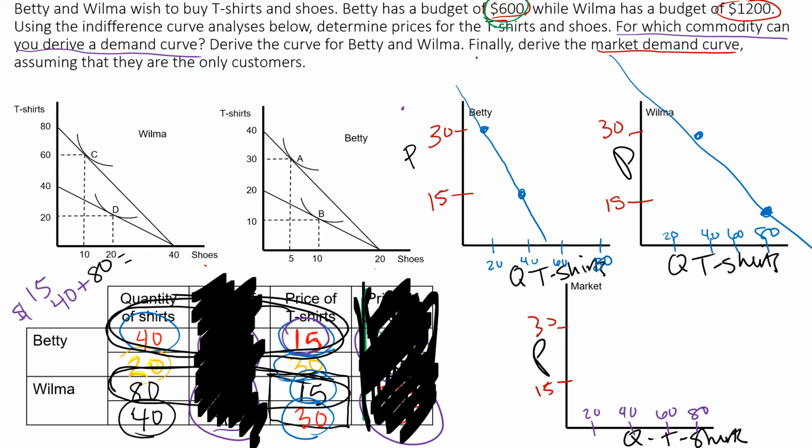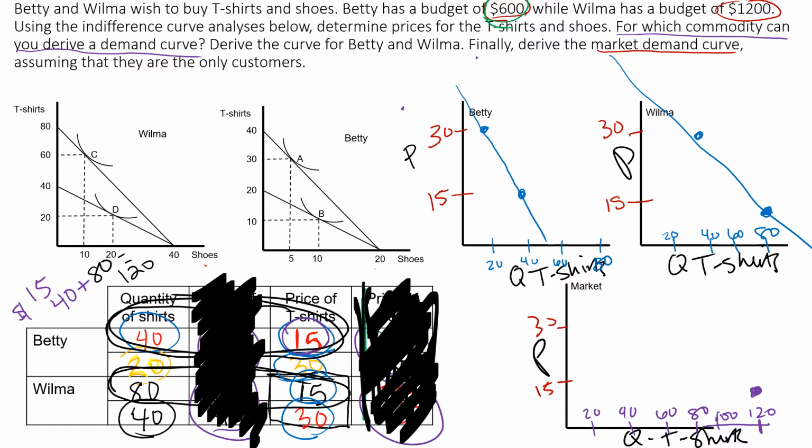That means 40 plus 80 is 120. So we got to make our demand curve higher. 80, 100, 120. So at $15, we need 120 shirts.